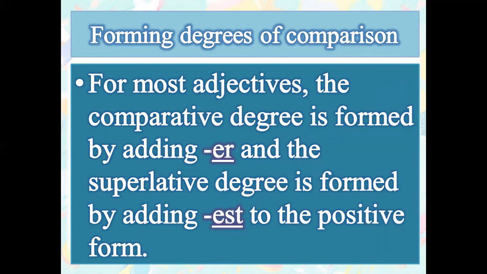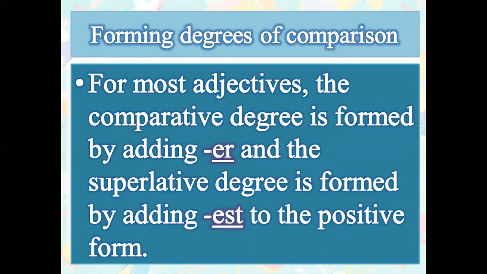For most adjectives, the comparative degree is formed by adding ER, right? So with comparative, remember ER. And the superlative degree is formed by adding EST. So we have to remember EST for the superlative degree, right? And we add this to the positive form of an adjective.